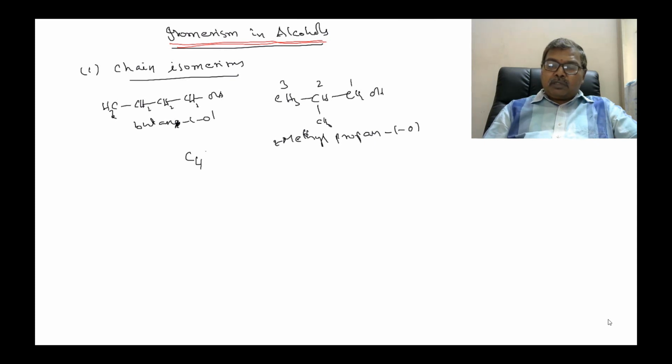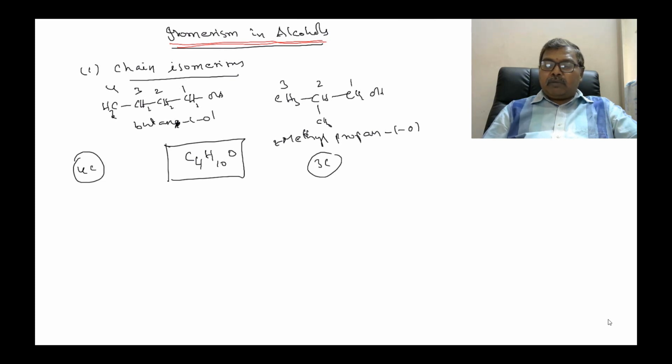These two compounds have the same molecular formula, C4H10O, and they differ in the number of carbon atoms in the longest continuous chain. Here 4 carbon atoms are there in the chain, here 3 carbon atoms are there in the chain, therefore these two are examples of chain isomers.